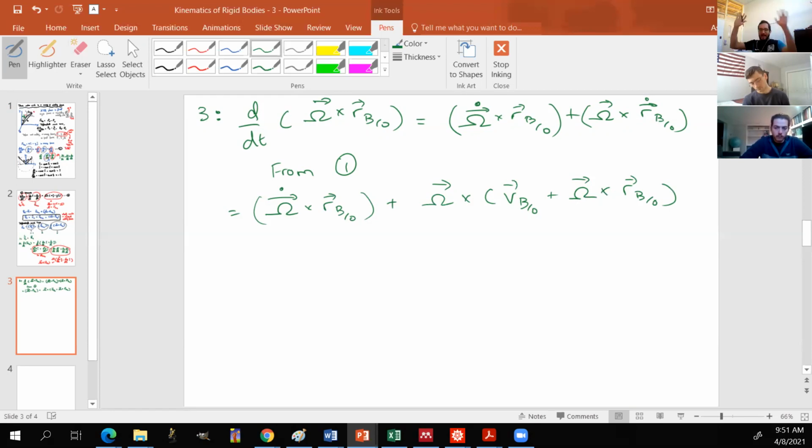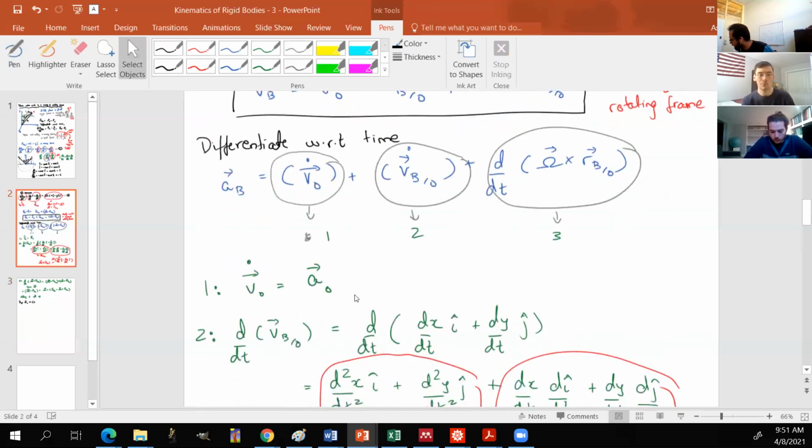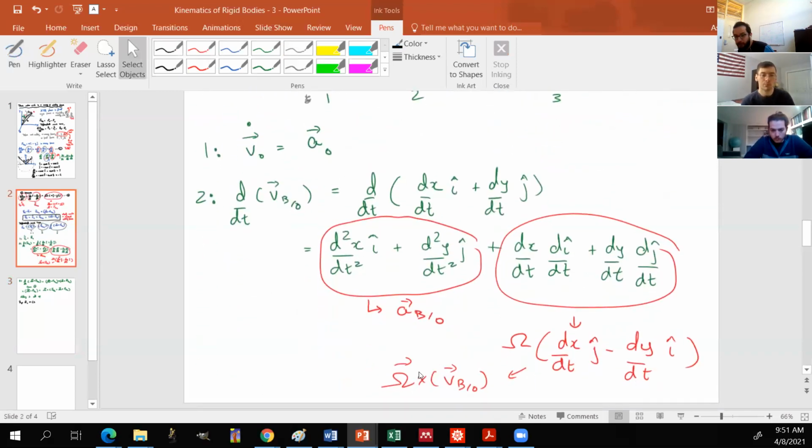All right, adding it all up, you end up getting the expression that the acceleration of point B is equal to the acceleration of point O plus 2 of these terms, omega crossed with V of B relative to O, because there's one term here and one term here.